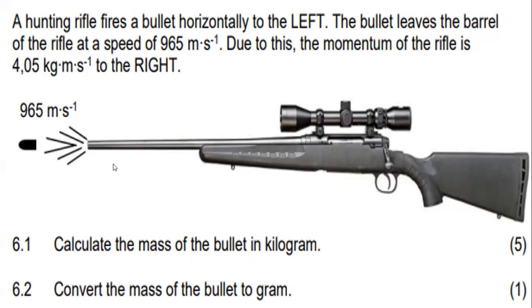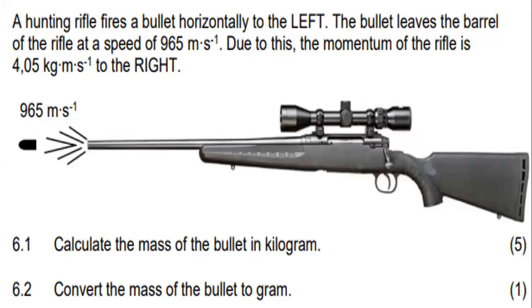We know that because the rifle exerted a force that is going to the left on the bullet, then the bullet will simultaneously exert a force on the rifle, and the force will be to the right. In other words, the rifle will do what we call recoiling. It will then move to the back.